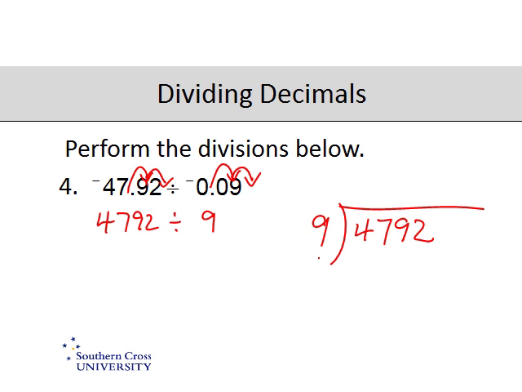So 9 into 4 won't go, but 9 into 47 will go 5 times and 2 left over. 9 into 27 will go 3 times, 3 nines are 27 and 2 left over. 9 into 22 will only go twice, and 9 twos are 18, so that's 4 left over.